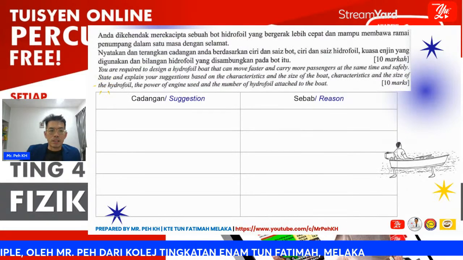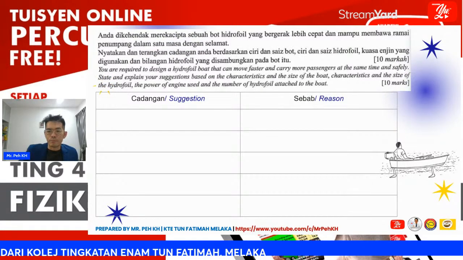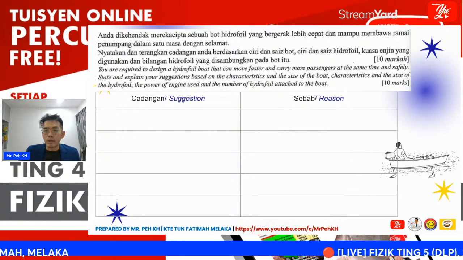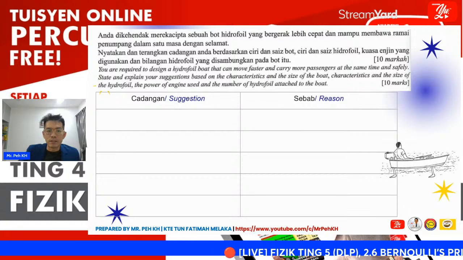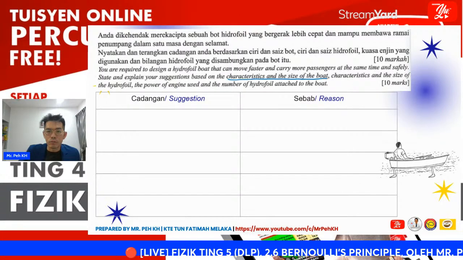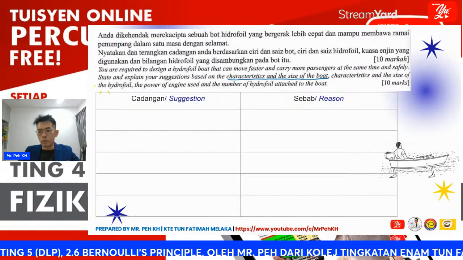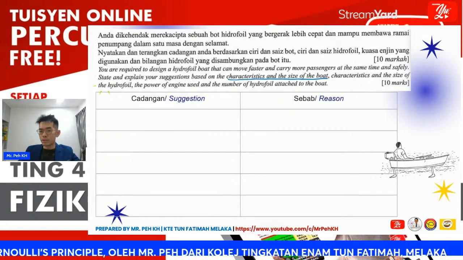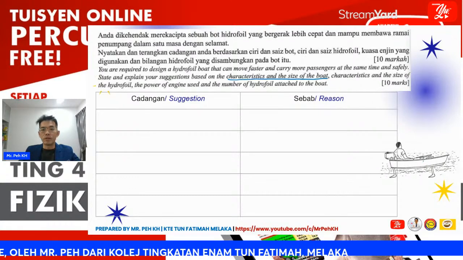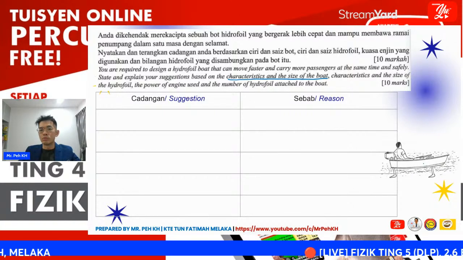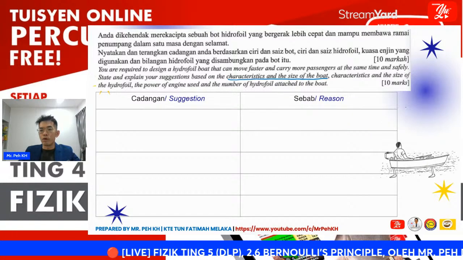Okay, the answer is advised in table form. Firstly, the first answer will be the characteristic and the size of the boat. The boat must be strong enough. So that means we use a strong boat, or you can use a material, for example, a steel boat. The reason is they will not easily break and can be used for a longer time.